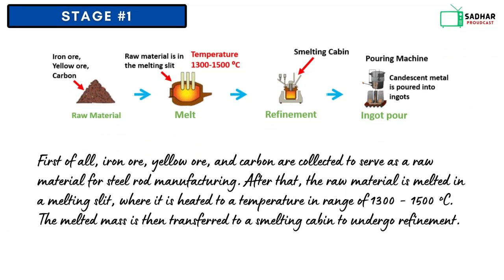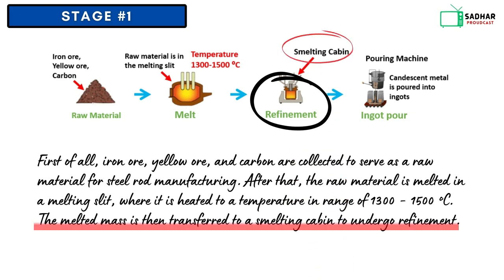And then we go ahead with the next sentence, which is the next step, which is the refinement. We have smelting cabin. So our sentence is, the melted mass is then transferred to a smelting cabin to undergo refinement. So it is moved to a smelting cabin to undergo refinement.